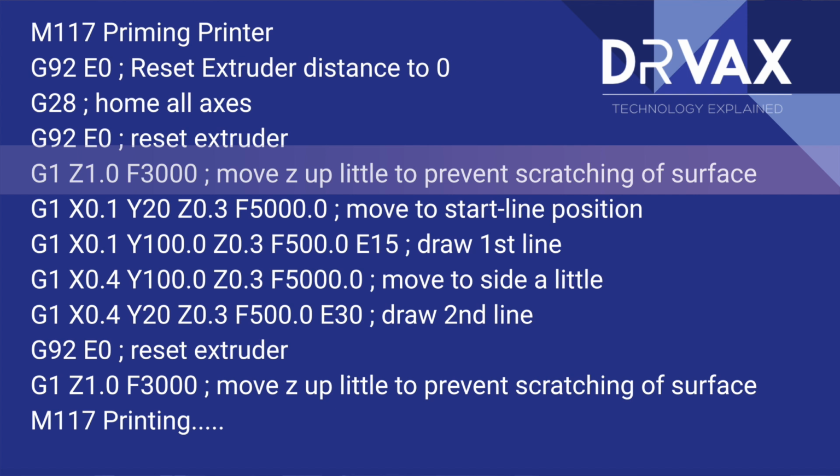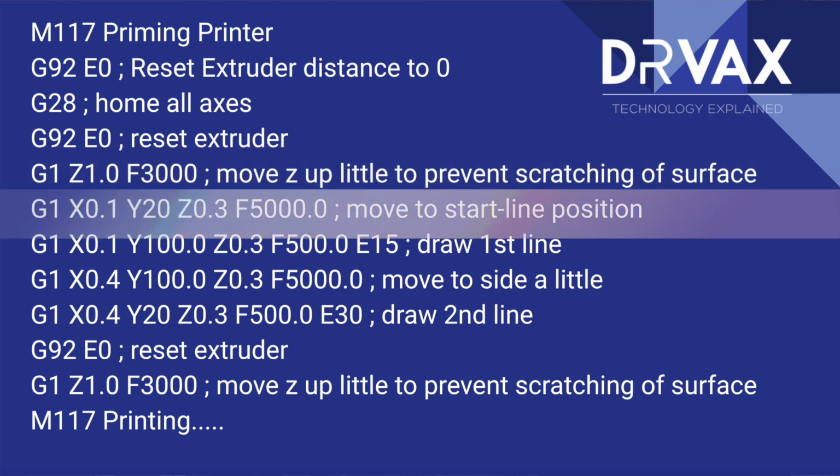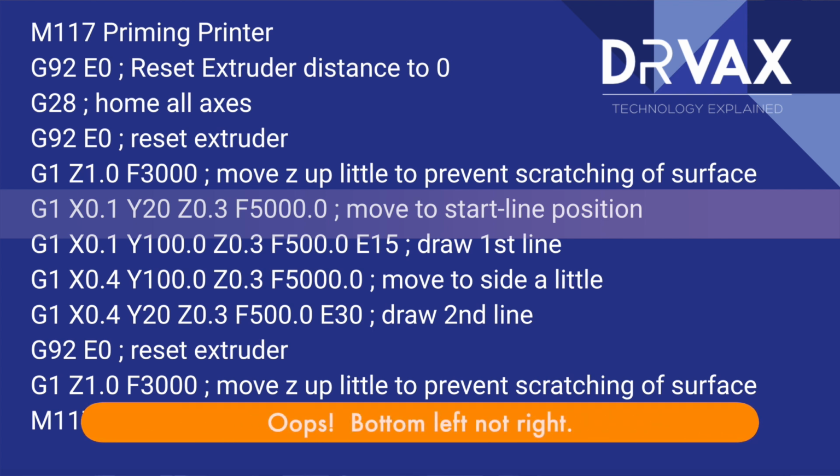So G1 says move the nozzle to 1 millimeter above the print bed. And then the next G1 says go basically to the origin. That would be just a little bit off the bottom right-hand corner if you're on a Cartesian printer, and this was for a Cartesian printer.